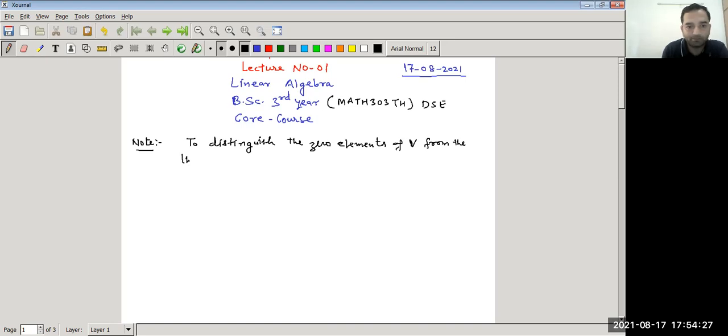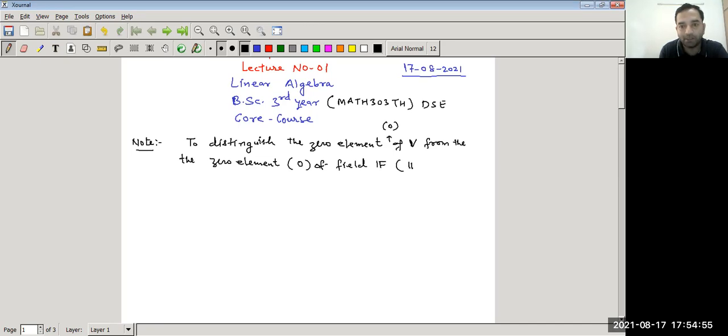From the zero element, the zero element means zero. This is zero, from the zero element of field. Field we denote it by F.